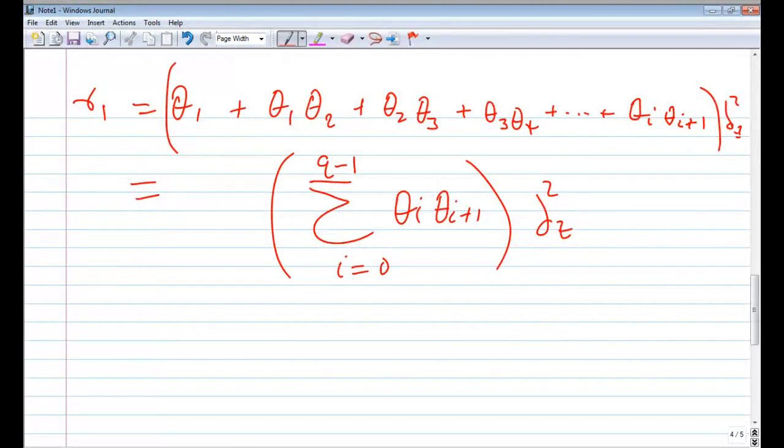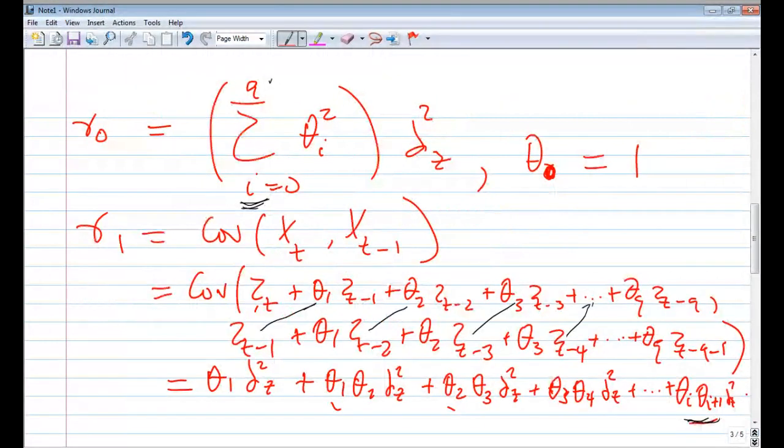Okay, now let's find gamma 2. Gamma 2 now will be equal to the covariance of Xt and Xt minus 2. Why aren't we saying that theta 0 should be equal to 1? Isn't that we have already defined it up there? So we don't have to define it in every case.